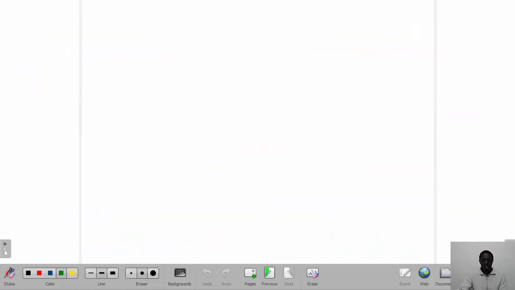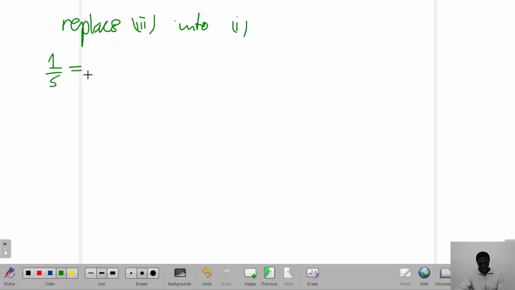So we are replacing 3 into 1, and what we get here is 1 over S is equal to 1 plus 3 over S, this is 1, and this multiplies by 1 over 3 multiplied by S squared.